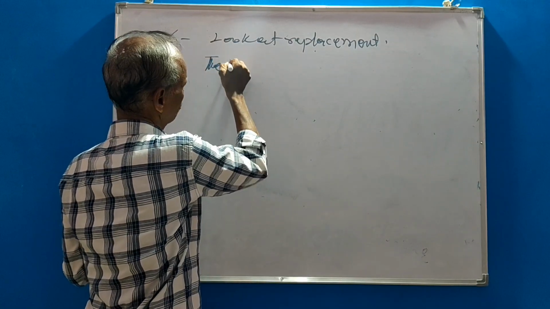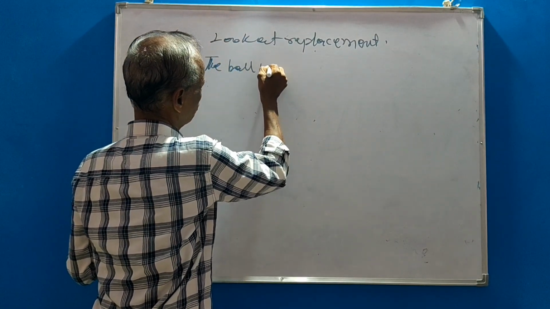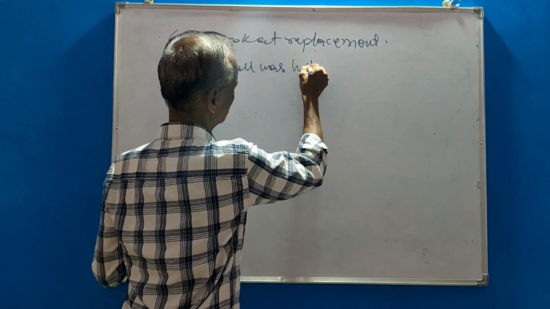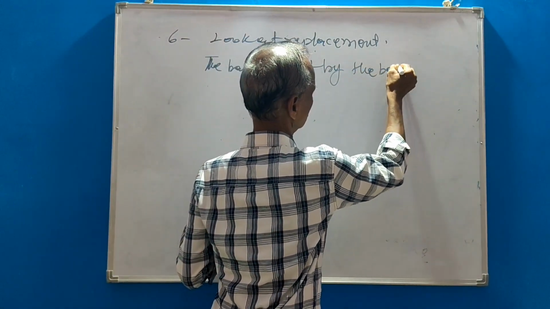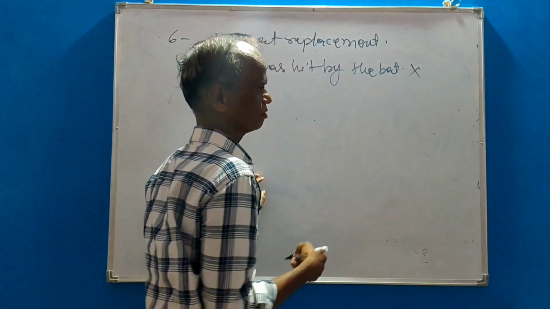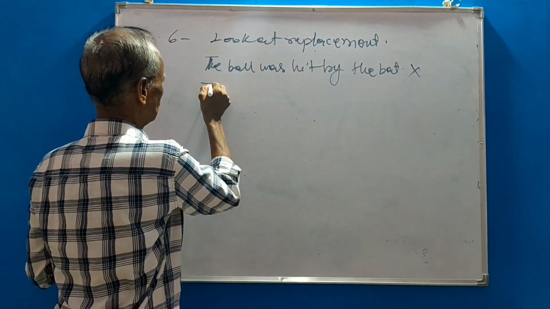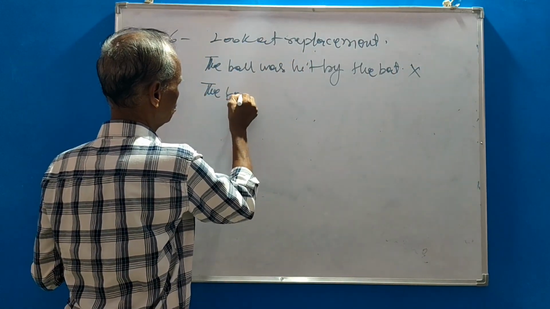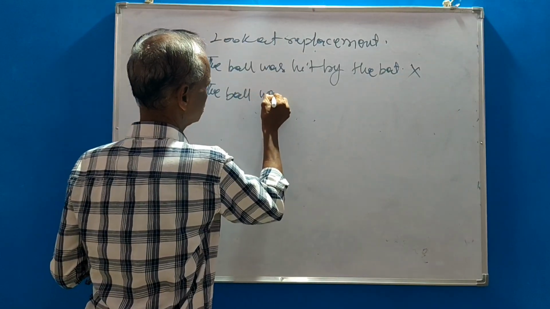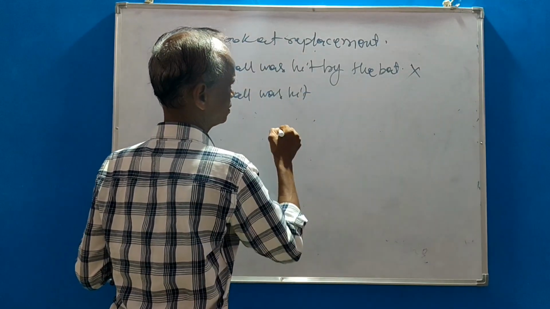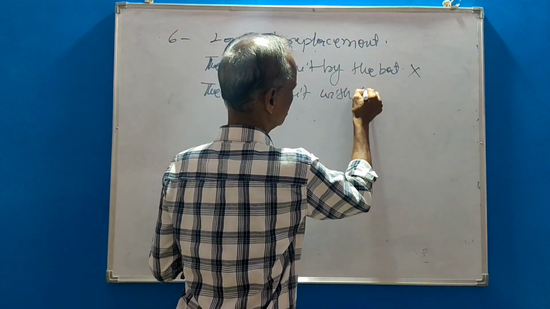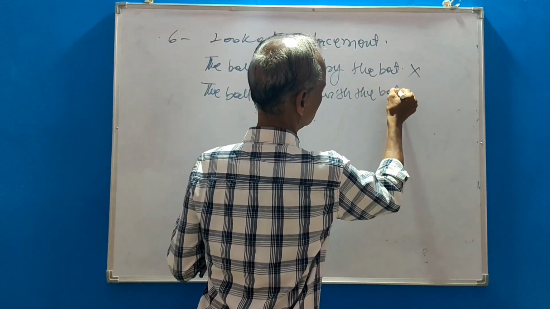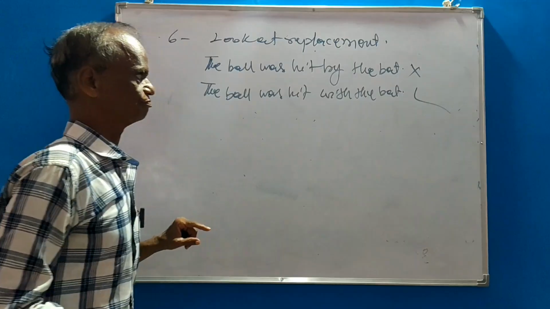For example, "The ball was hit by the bat." It is wrong. "The ball was hit with the bat." It is correct.